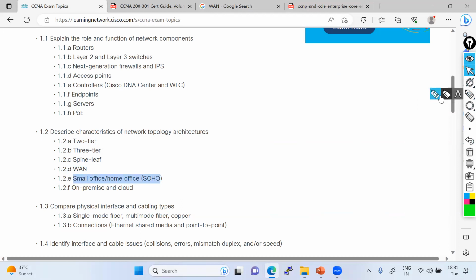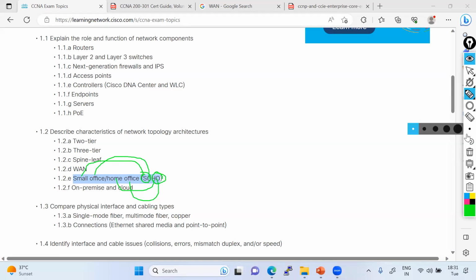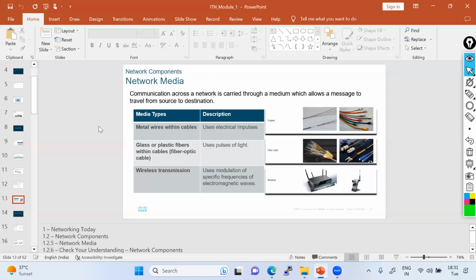If you find this word SOHO, S is small, O is office, H is home, and O is again office. So SOHO is small office, the first two letters, and home office, the last two letters. So what does that mean? Small office and home office. Let me go to my slide and try to show you something.